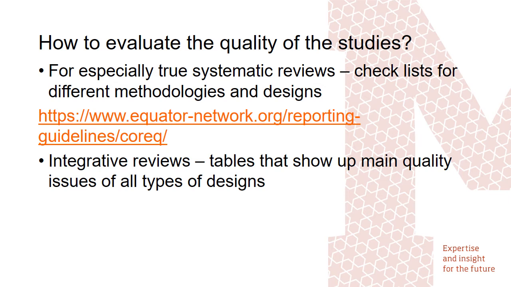There's one exception, a method with which you can, I will present it soon, but if you, for example, use Joanna Briggs Institute's checklist, you need to select a dedicated checklist for studies with different designs.